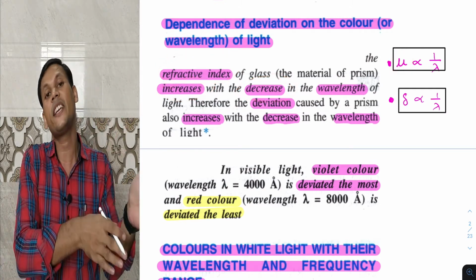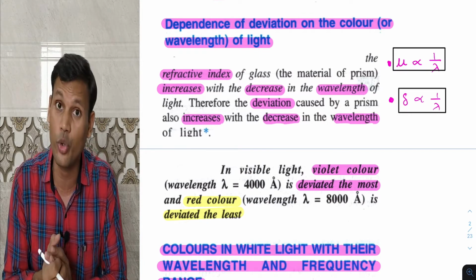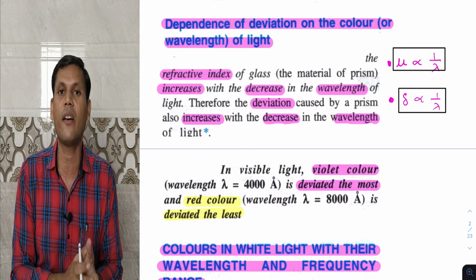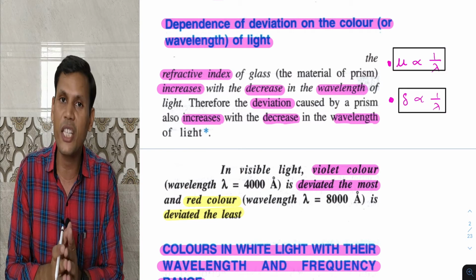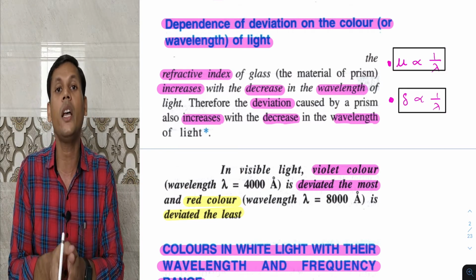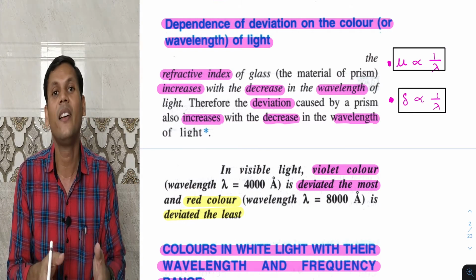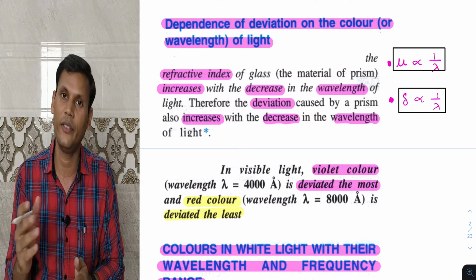One is increasing, another is decreasing. So what will be the relation between these two? I can say the refractive index of the material of the prism will be inversely proportional to the wavelength. They are inversely proportional to each other.